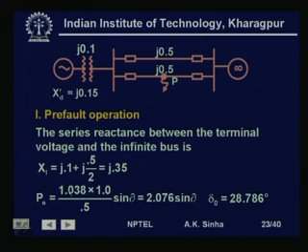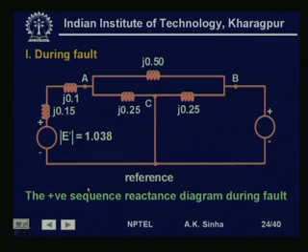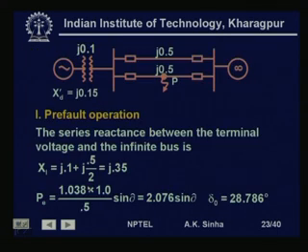P is equal to... using this relationship we will be able to find out the value of the power which is flowing, and therefore, after that we will be able to find out the voltage behind the transient reactance for the machine.